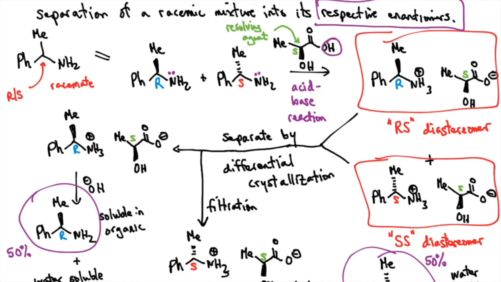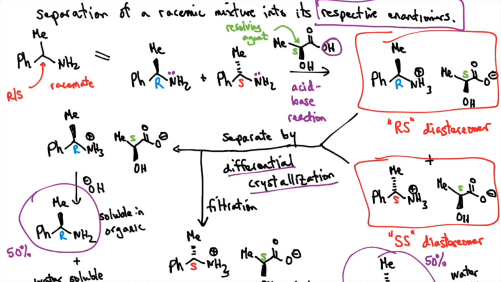There are other types of resolutions. This is a resolution in which you take advantage of this differential solubility, differential crystallization. This provides a means of physical separation of those two species. But there are other types of resolutions that you can perform. These are enzymatic resolutions where an enzyme preferentially binds to one enantiomer and performs a chemical reaction on it.